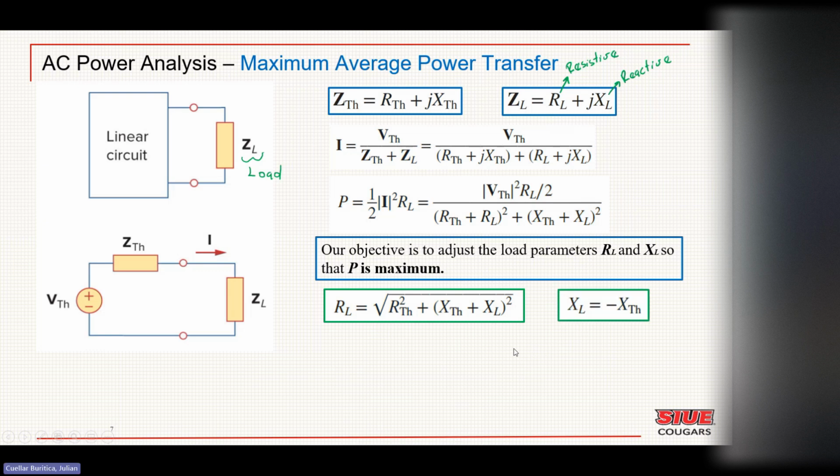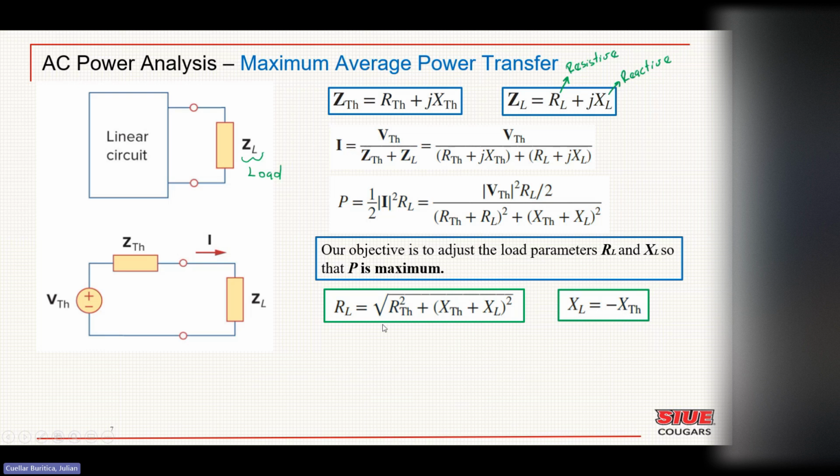But the second condition was that the reactive part of our load should be equal to minus the reactive part of the Thevenin circuit. Then, because we want to meet this criterion, if we replace here, this is going to be equal to 0 because XL is equal to negative X Thevenin.